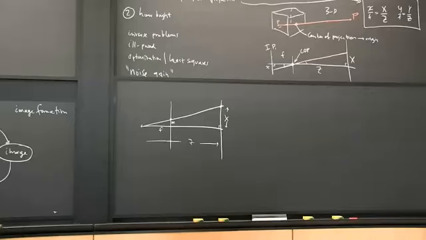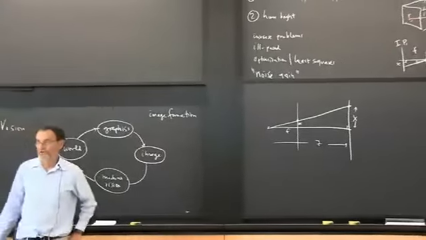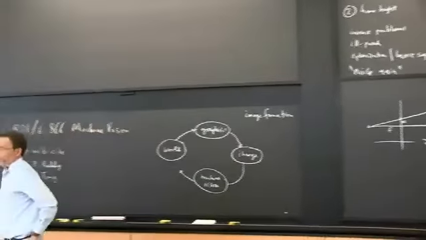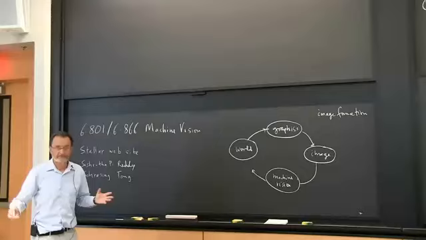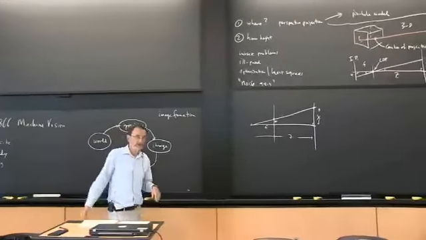Now that sounds kind of straightforward and somewhat boring, but it has a number of implications. The first one is it's nonlinear, right? We know that if things are linear, our math becomes easier. But here we're dividing by z.